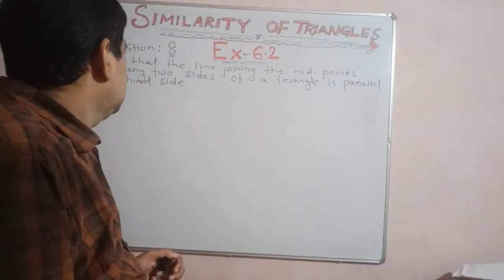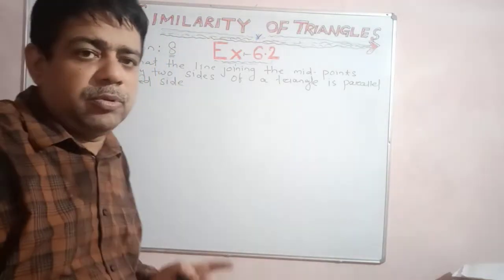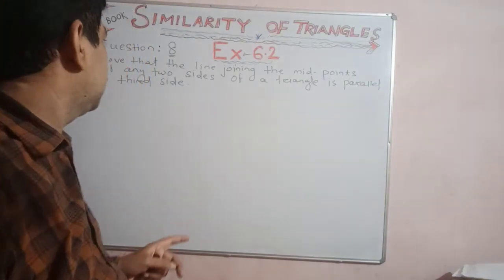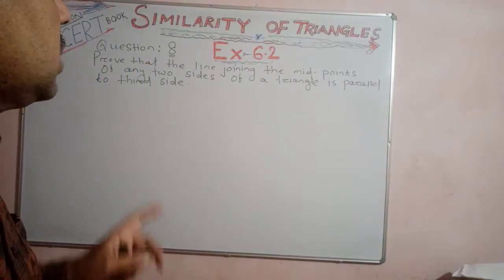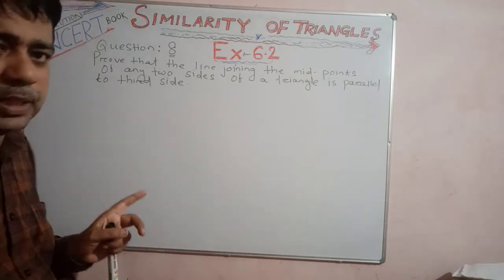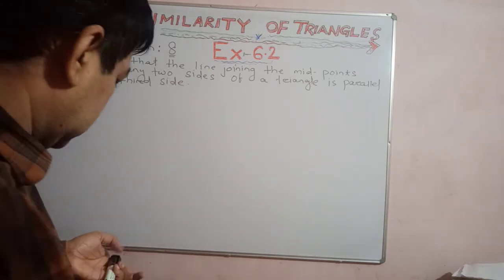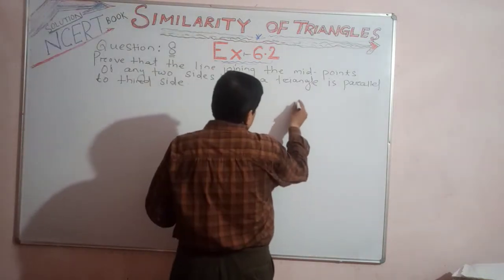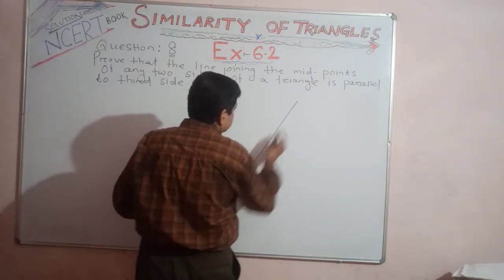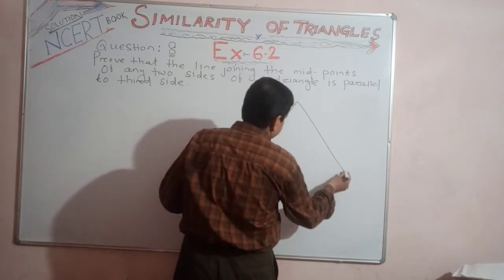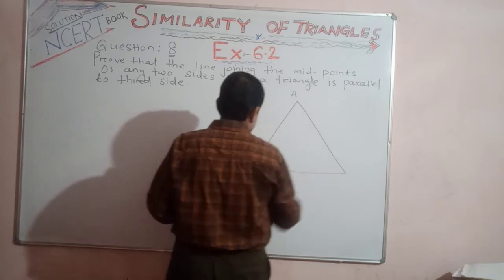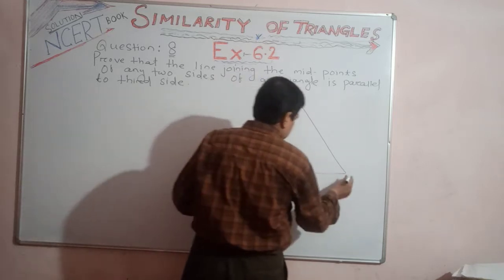Here is the statement: prove that the line joining the midpoints of any two sides of a triangle is parallel to the third side. All of you know this is the midpoint theorem. Let the triangle be ABC.